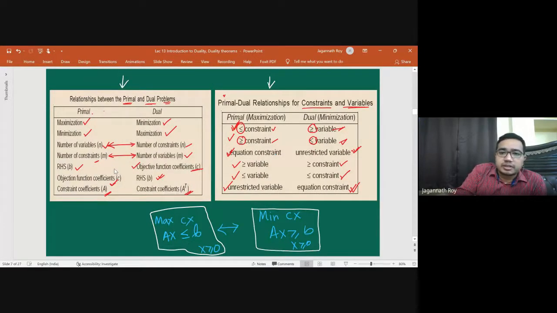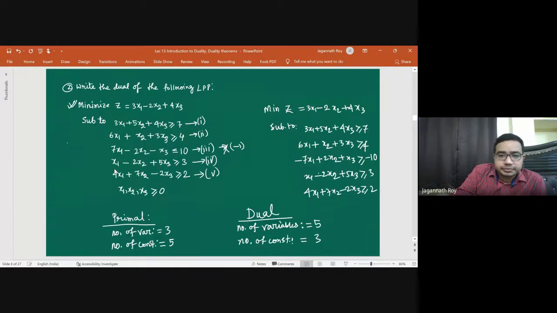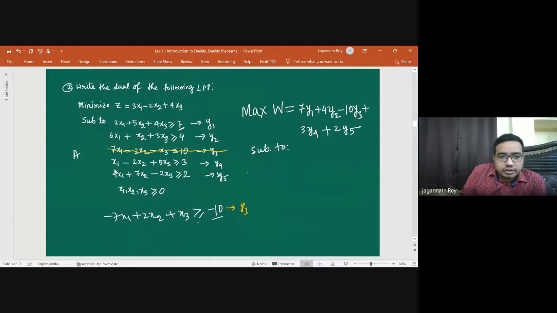Okay, right. So this is the first constraint: 3y1 plus 6y2, y3 is here, so minus 7y3, and then here plus 1 into y4, so y4, then plus 4 into y5, 4y5.